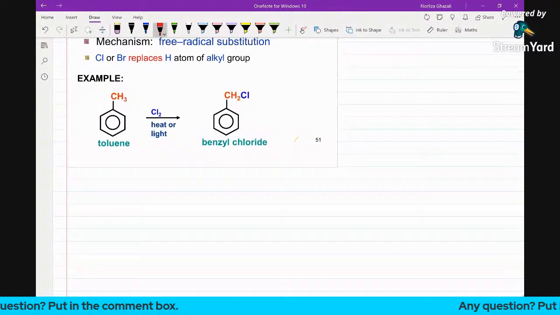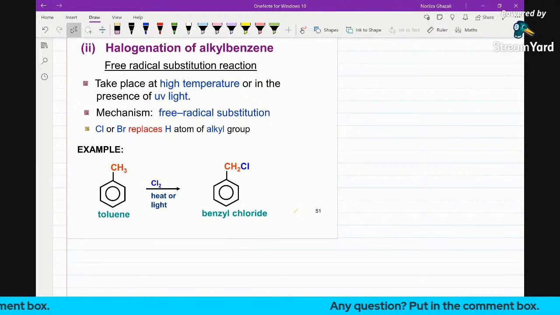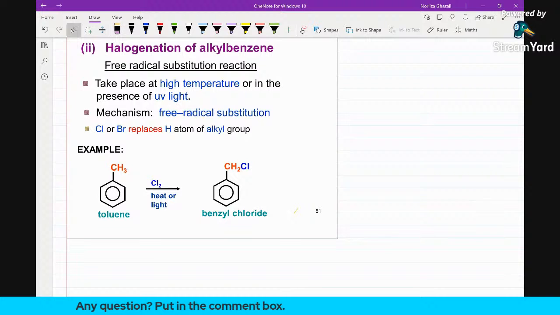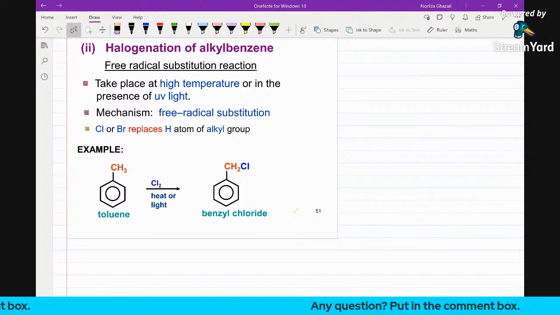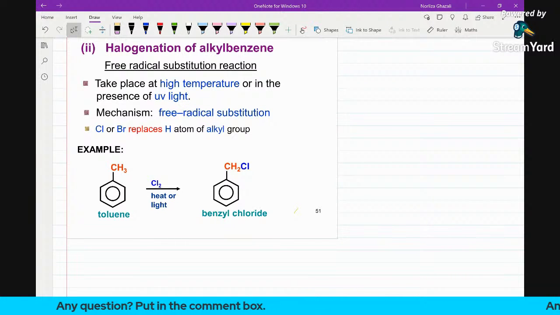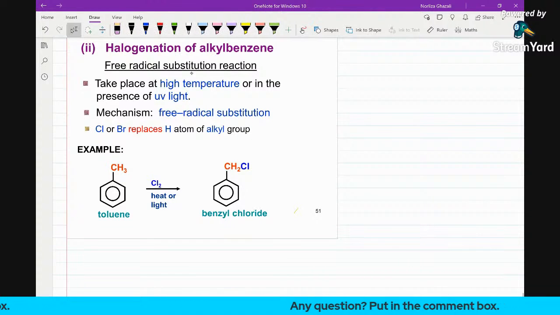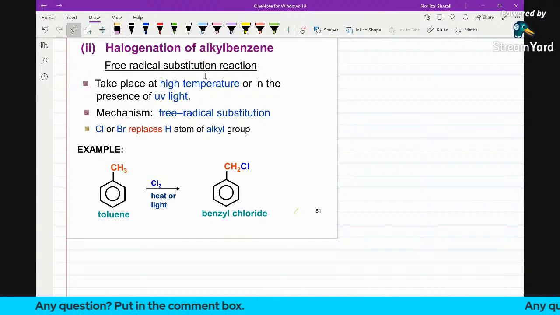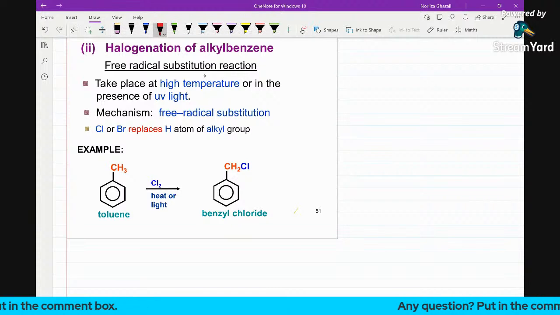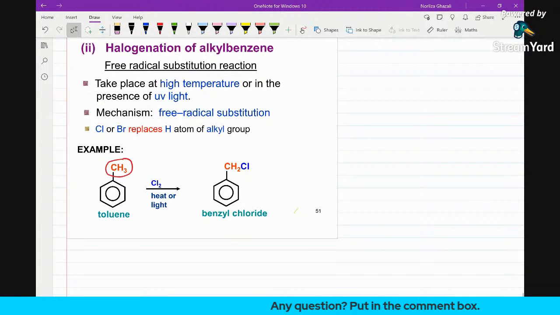Okay, halogenation of alkyl benzene. Benzene earlier followed electrophilic aromatic substitution, but halogenation of alkyl benzene will undergo free radical substitution reaction. So we replace hydrogen from the CH3, not hydrogen from the ring.